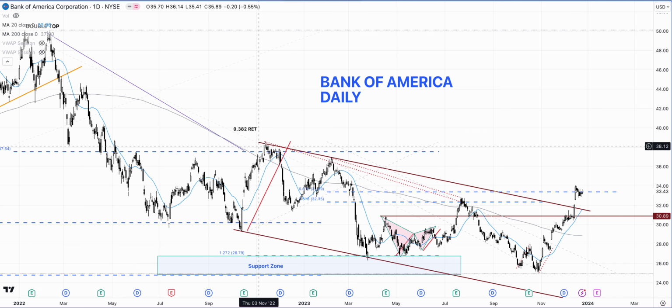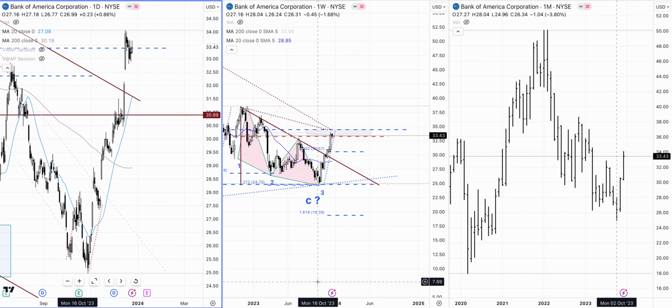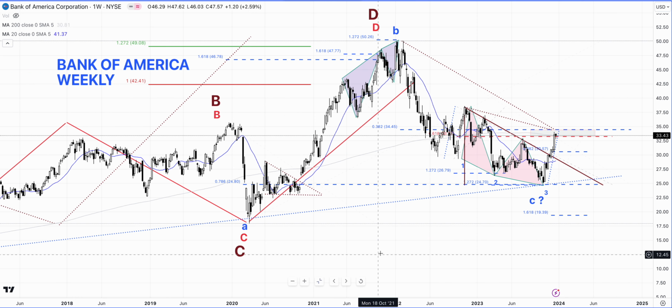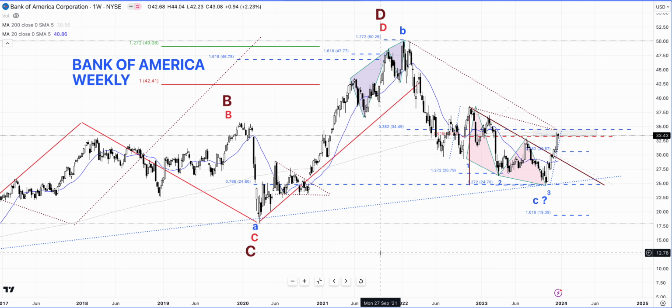The market has moved out of this channel as well, but it can pull back right into this channel, so around $30.60, somewhere in that ballpark figure. Momentum also looks good on the daily chart. So this is one stock, Bank of America, that we are watching with a lot of interest for longer term.